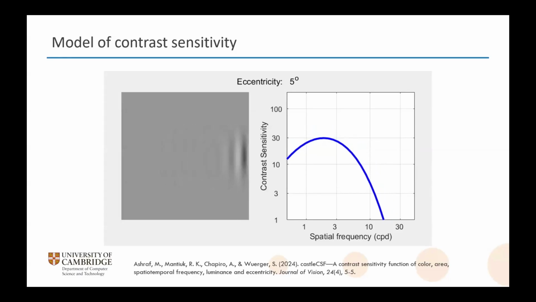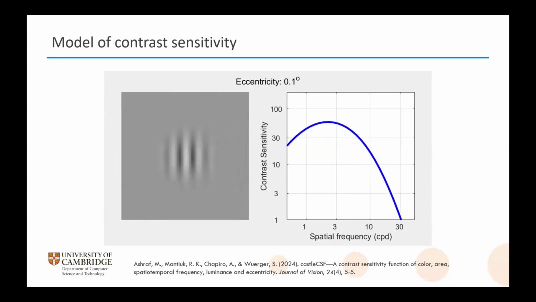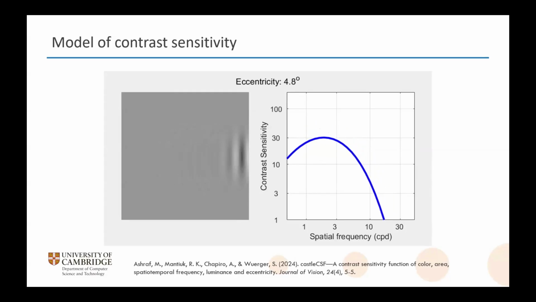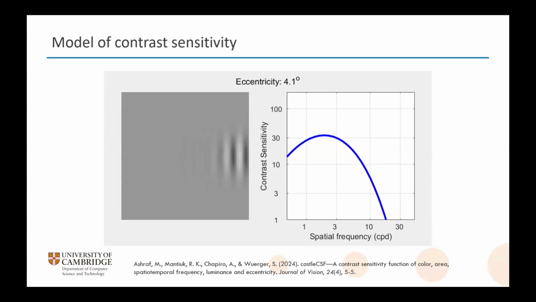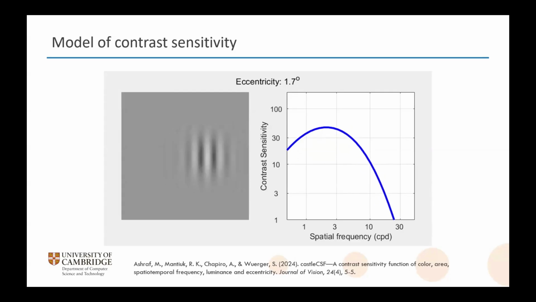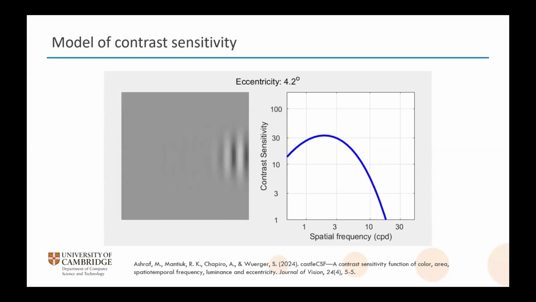When the stimulus is in the center, the curve is going up, or we are becoming more sensitive. And when the stimulus is moving further into the periphery, the sensitivity is going down. I showed you the example which uses this kind of information, where we rendered the peripheral objects with much lower resolution.